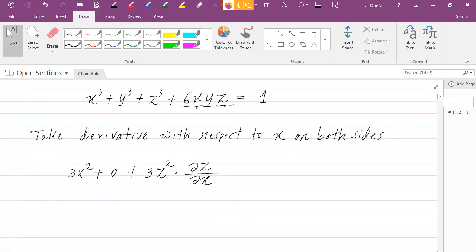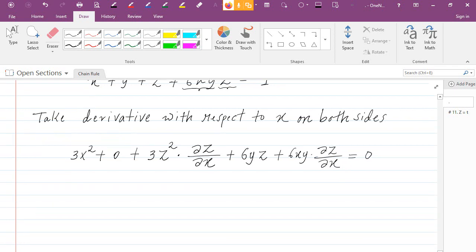By product rule, I take the derivative of 6xy with respect to x, that's going to be 6y multiplied by z, plus 6xy multiplied by the partial derivative of z with respect to x. And on the right hand side, since it's 1, I'm going to get 0 when I take the derivative.